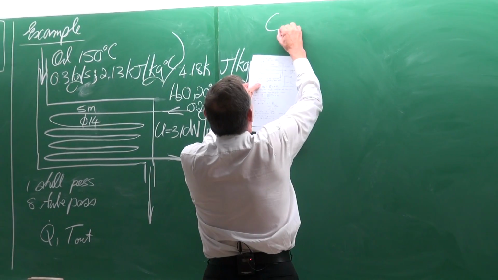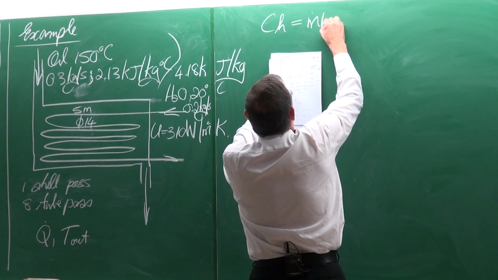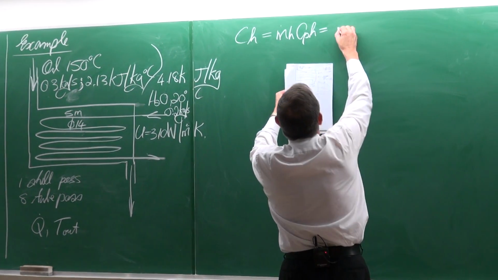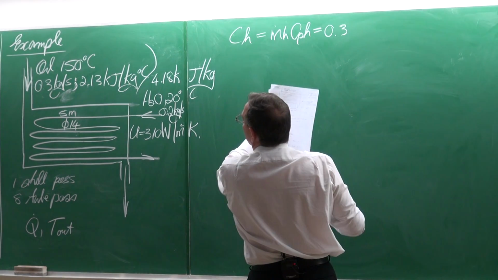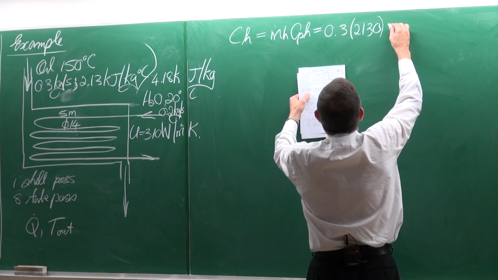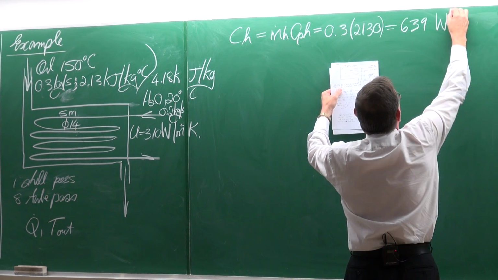Again, let's calculate the capacity ratios of the two streams, the mass flow rate on the hot side, the CP on the hot side. The hot side is 0.3 kilograms per second, and the CP is 2130, and the result is a value of 639 watts per Kelvin.